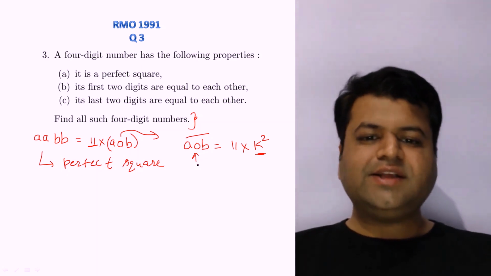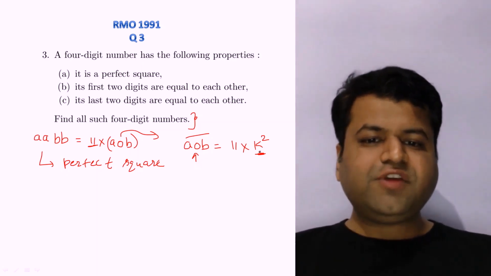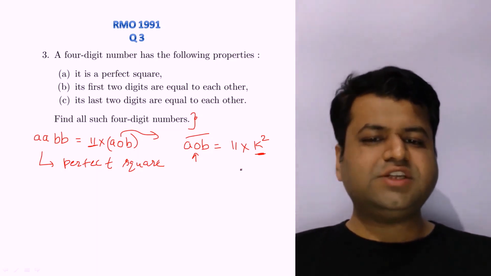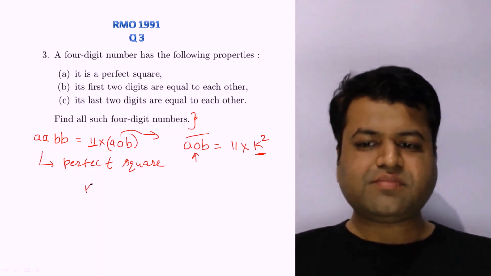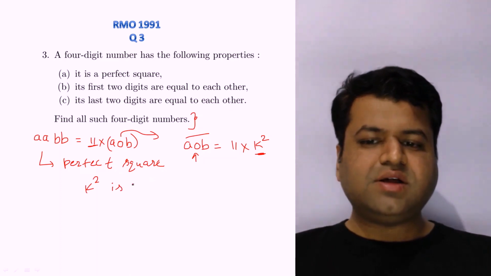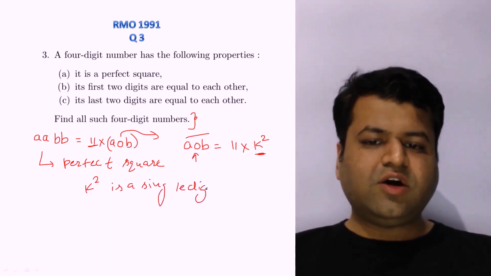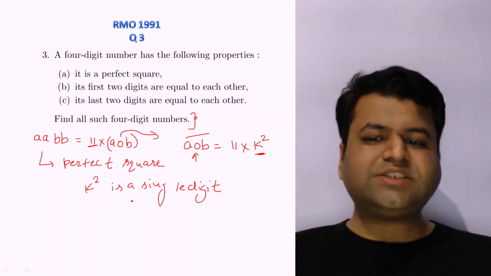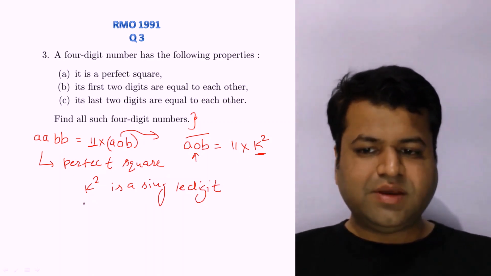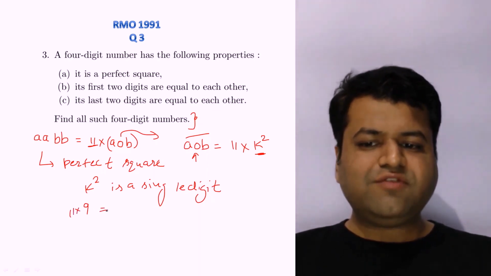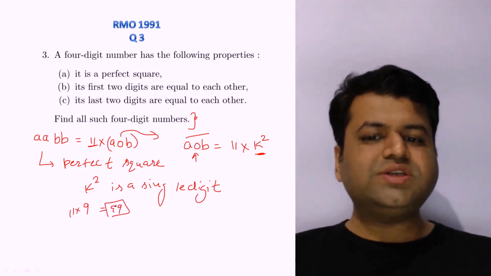All right, let's see. Let's assume k square is a single digit. Then the maximum value of k square is 9. In that case, 11 into 9 will be 99, and it is a 2-digit number, right?